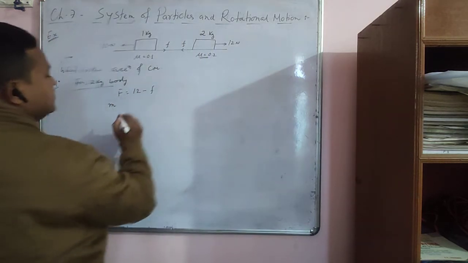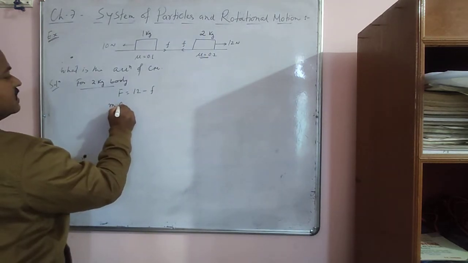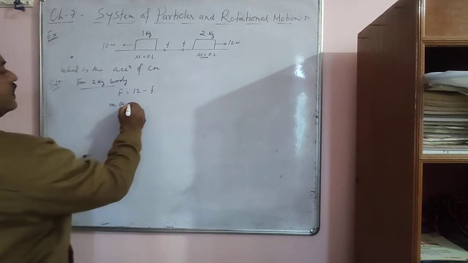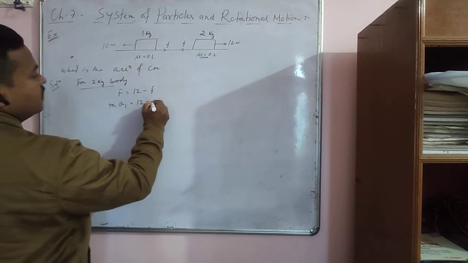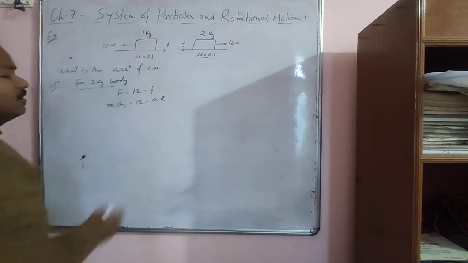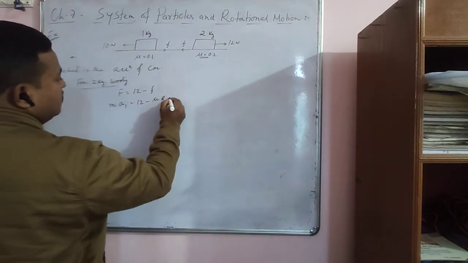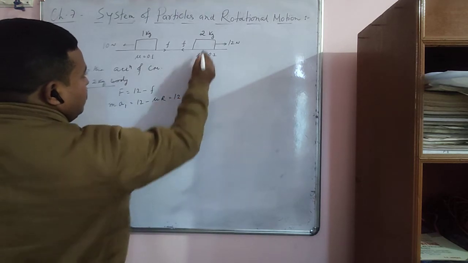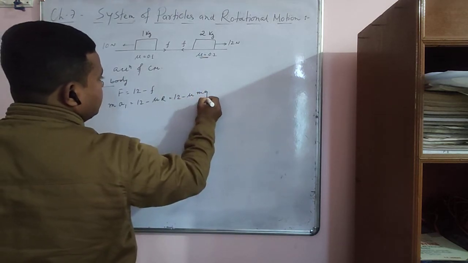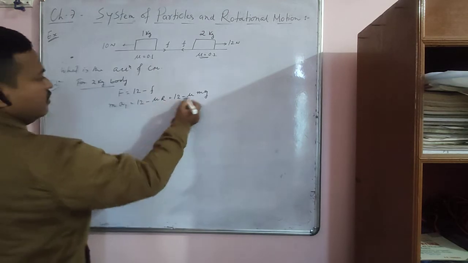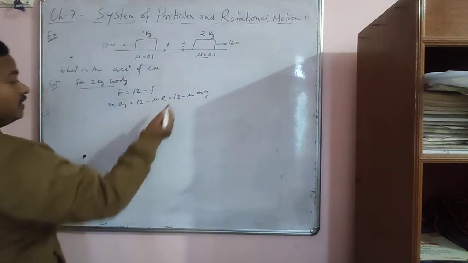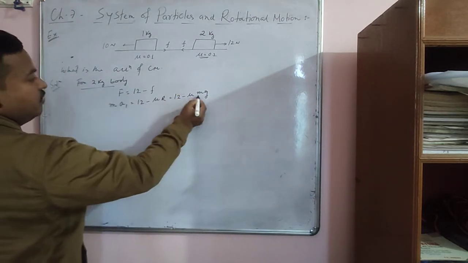Suppose the first body you consider, acceleration a1. 12 minus friction means 12 minus mu R. You will get the formula of friction in the laws of motion chapter: mu R, where R is the normal reaction, here mg.